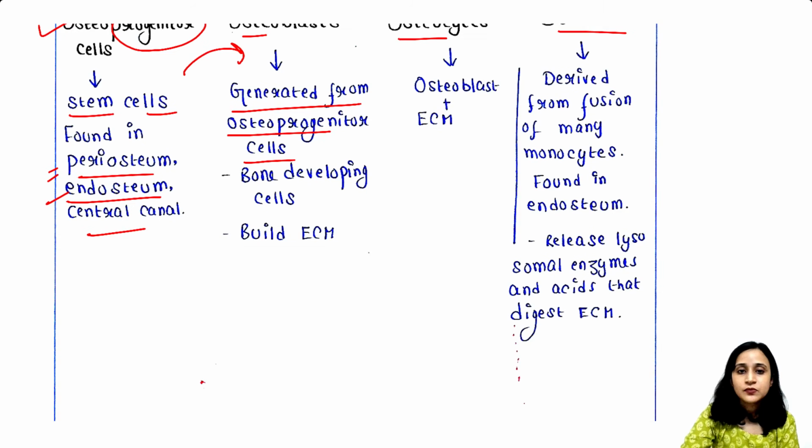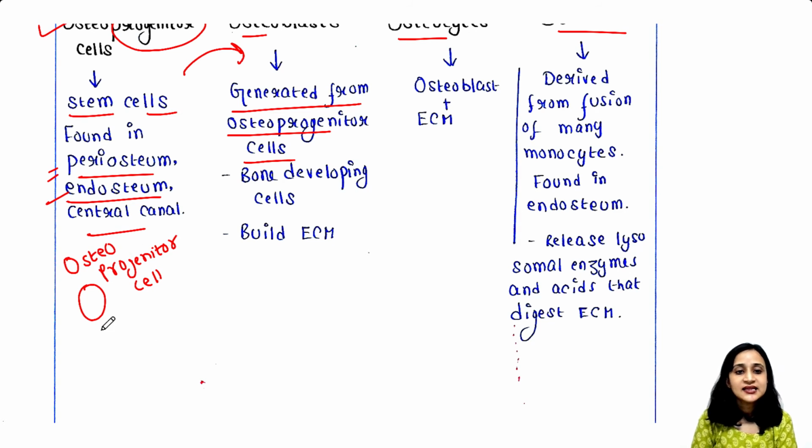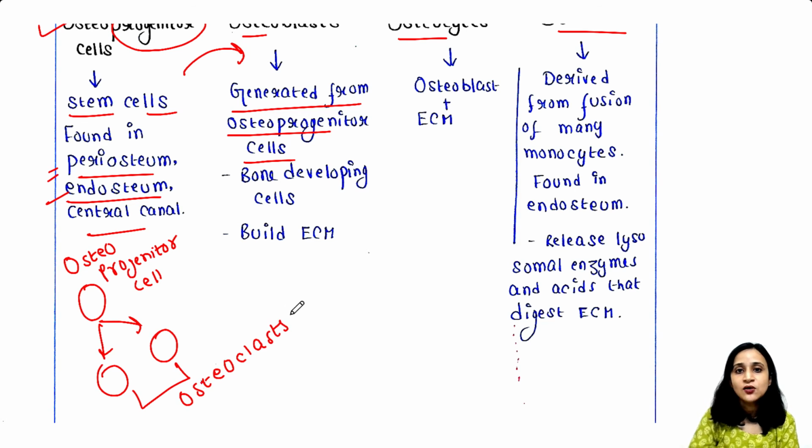So suppose this is the osteoprogenitor cell. This cell divides into 2, and these 2 are osteoblasts.